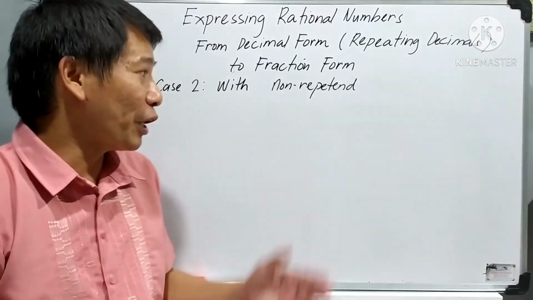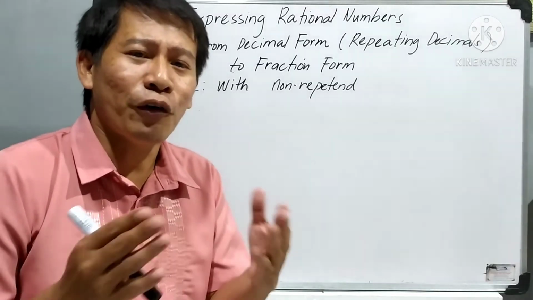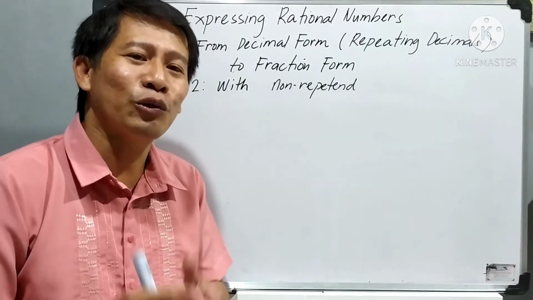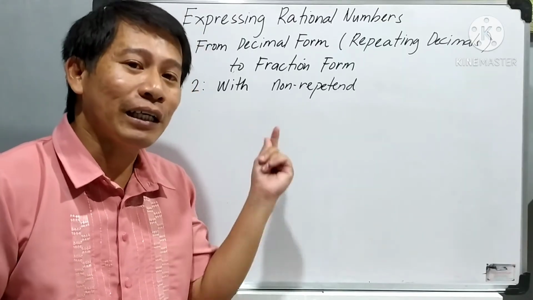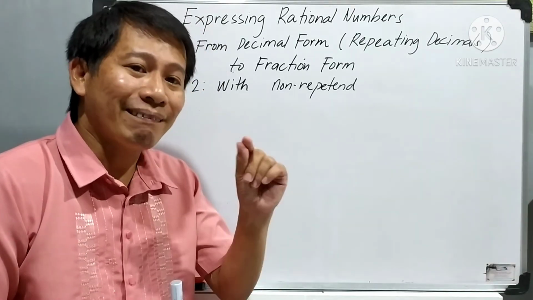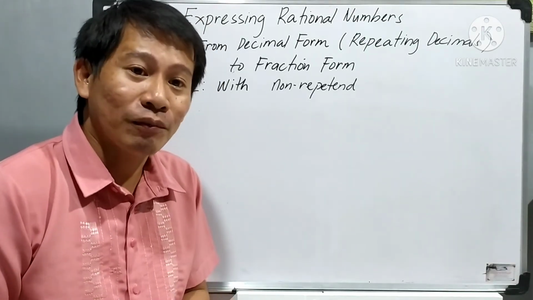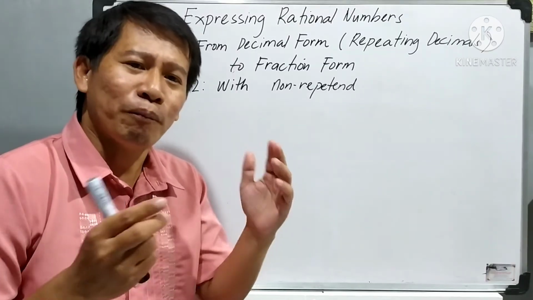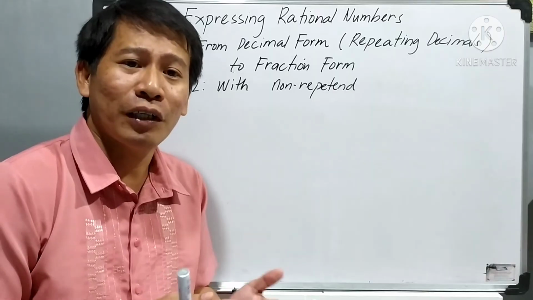Okay, now let's have case number 2. But before I give you examples on this case, summarize muna natin yung solutions natin kanina in case number 1. Yung case number 1 natin, ulitin ko po, lahat ng digits nagre-repeat. Kaya without non-repeated. So, paano ba natin expression as fraction?